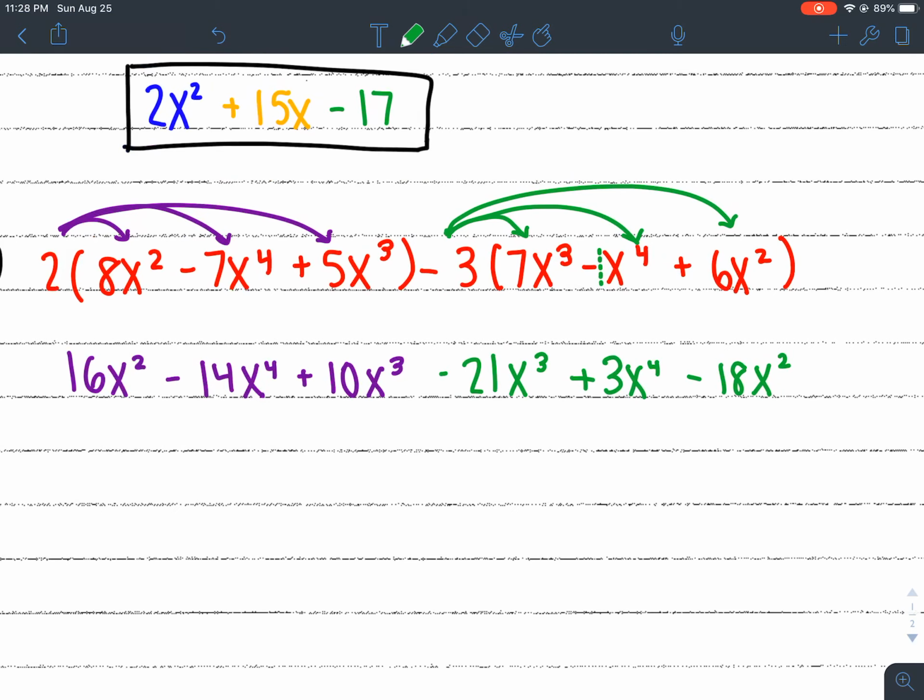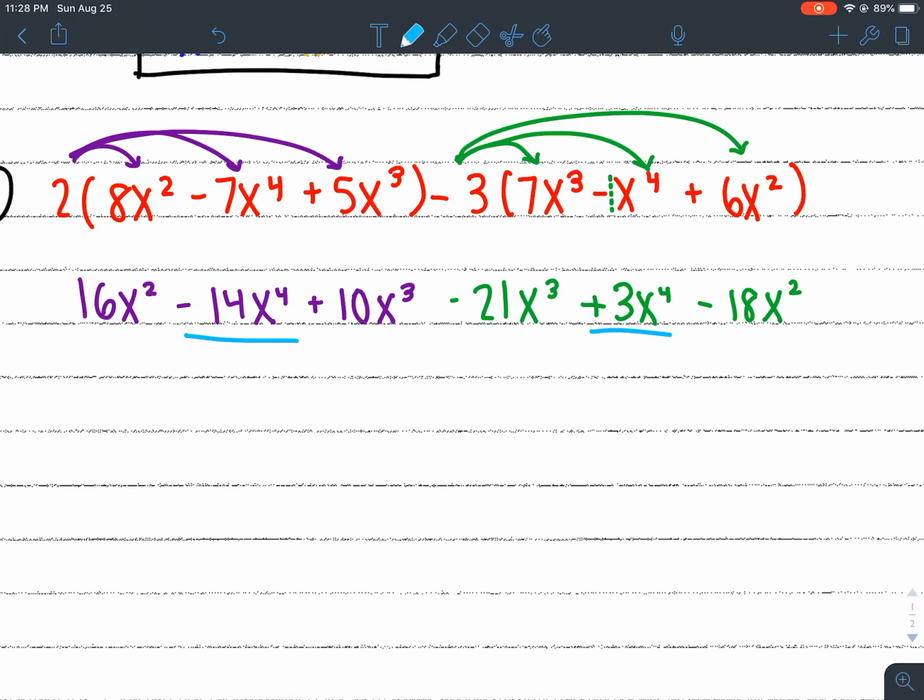So I have lots of terms, but again, you're always going to start with the highest exponent, which in this case would be 4. Negative 14x to the 4th plus 3x to the 4th is going to give us negative 11x to the 4th. The next highest exponent is a 3. We have 10x cubed minus 21x cubed, which gives us negative 11x cubed.